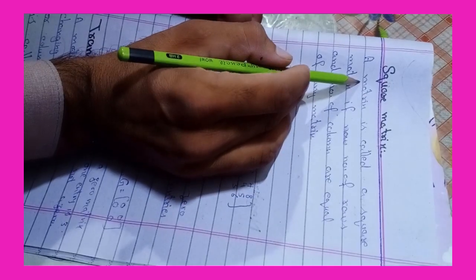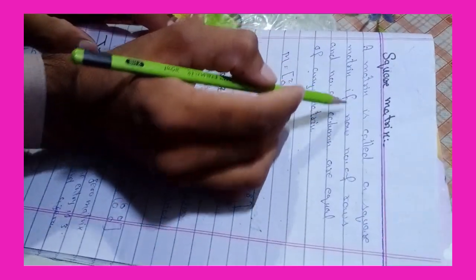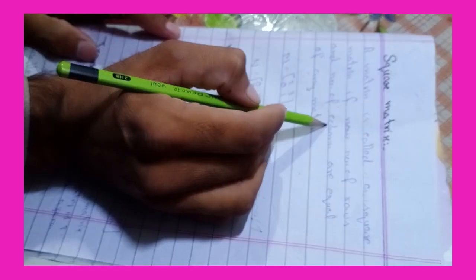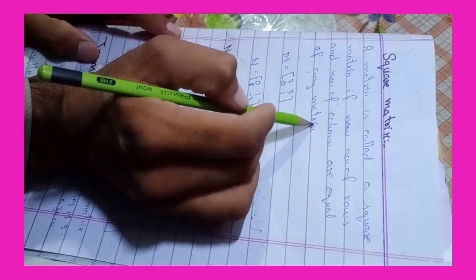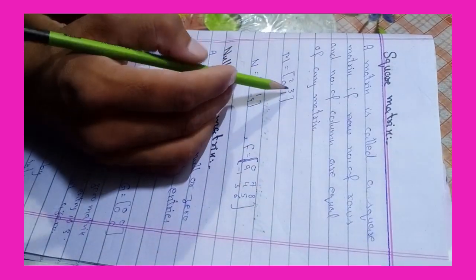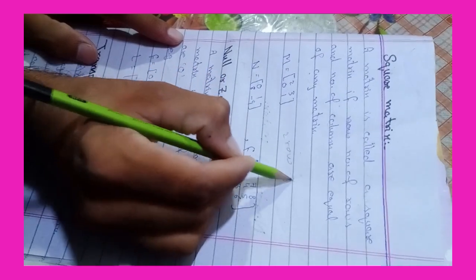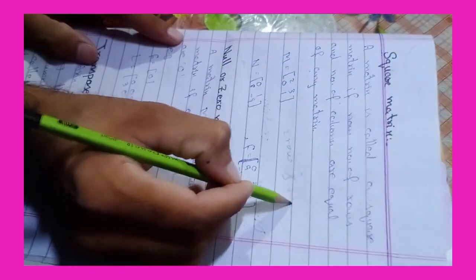Square matrices. A matrix is called a square matrix if the number of rows and the number of columns are equal. For example, matrix M has two rows and two columns.